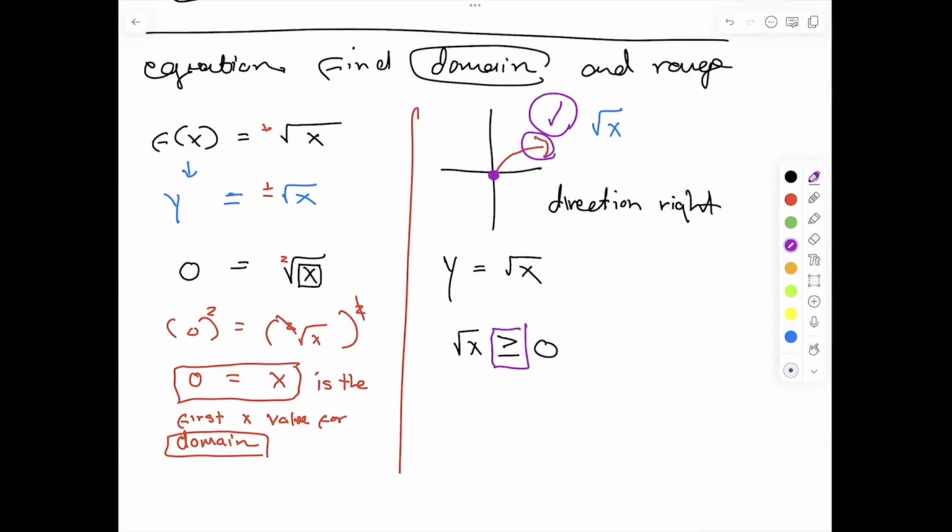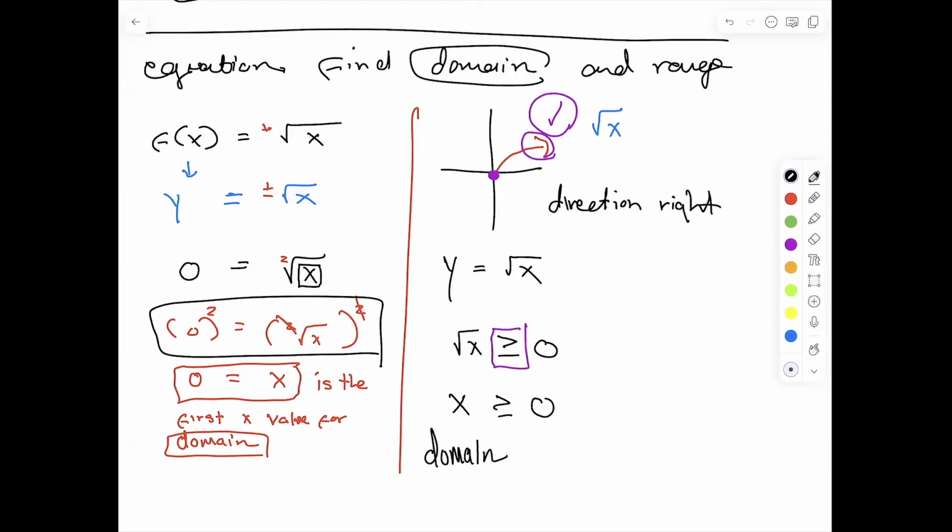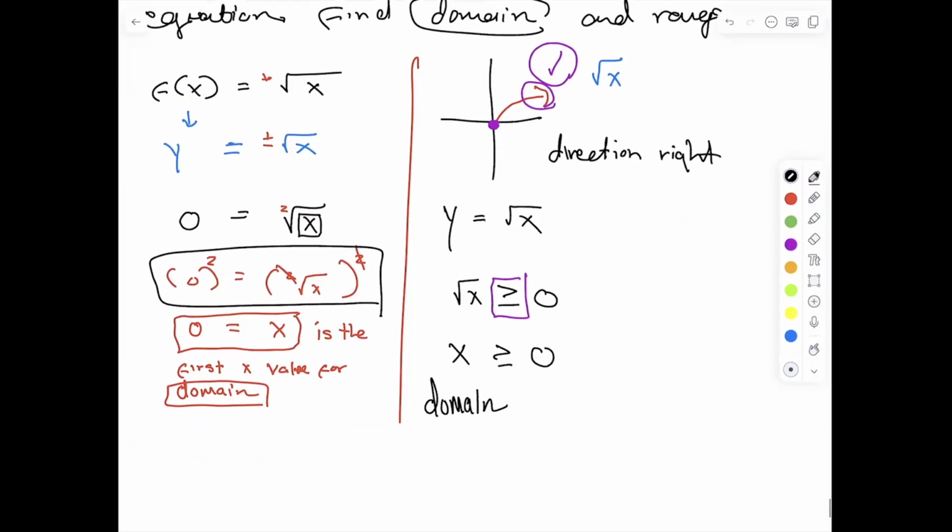Okay? So now, in this example, we're not going to do all of this crazy math that we did over here. We're just going to drop the square root, and we're going to say x is greater than or equal to 0. So that means that my domain, if I write it in interval notation, is going to be what? It's going to be bracket 0 to positive infinity. And how do I know that? Because all x values, right?